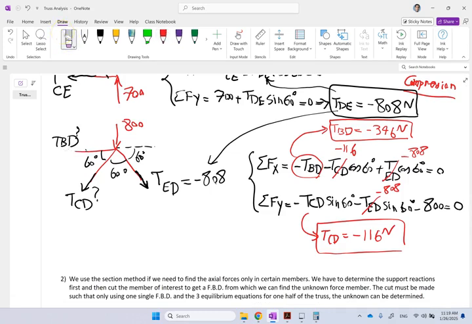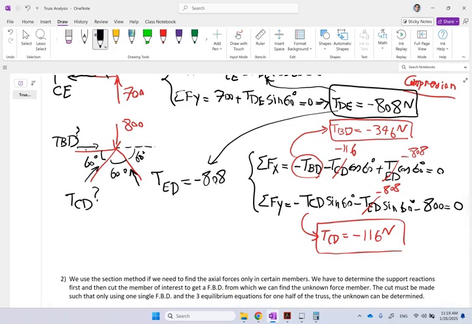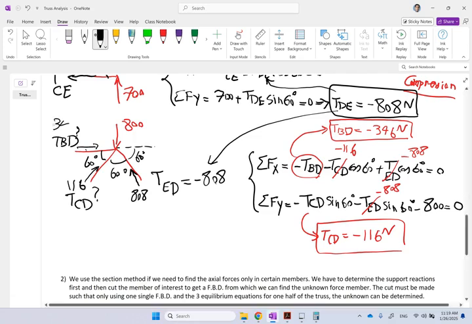It means you have to reverse all of these three. Would that do it? So if I have these like that, would that do it? And remember the numbers. If I do that, this is going to be 808. This is going to be basically 116, and this is going to be 346.